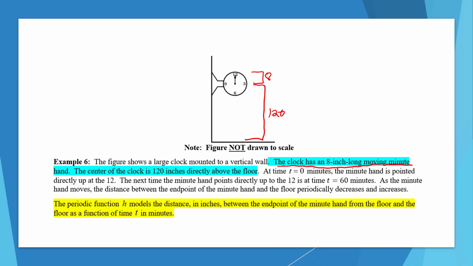Those are the 2 things that I would label. You could also go more in depth and label that the total distance right now is 128 inches, and if this is 8 inches this way, the shortest distance from the floor is going to be 120 minus 8, so 112 inches there.